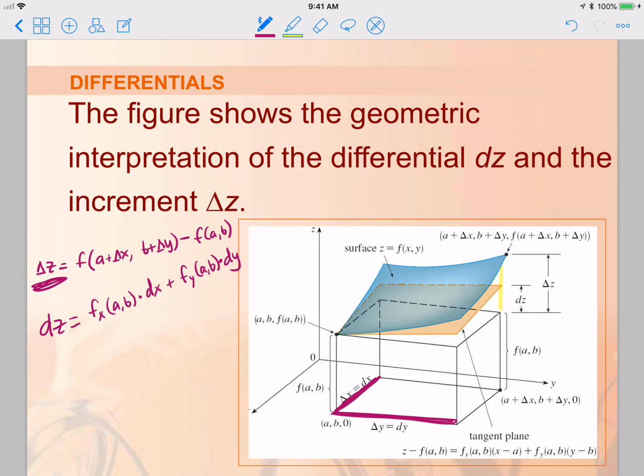And this ends up being the linearization at a plus delta x, comma, b plus delta y.